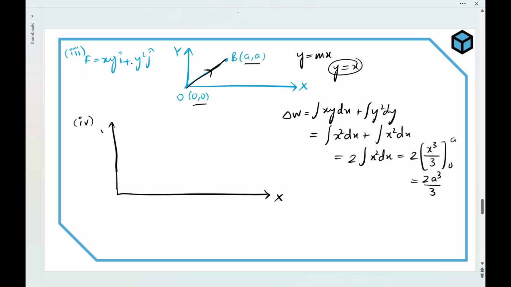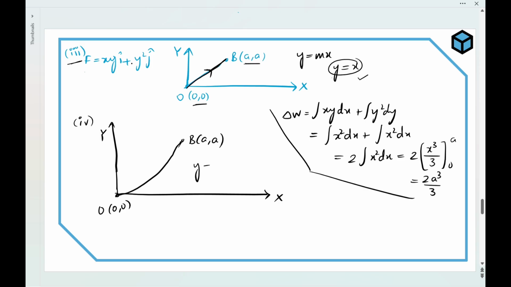So this is the graph: O is (0, 0) and B is (A, A). We are going along this in a parabolic manner. So now when we are going in a parabolic manner, we can't apply these properties like y equal to x that we applied in the third case. So our parabola is y equal to x square by a.